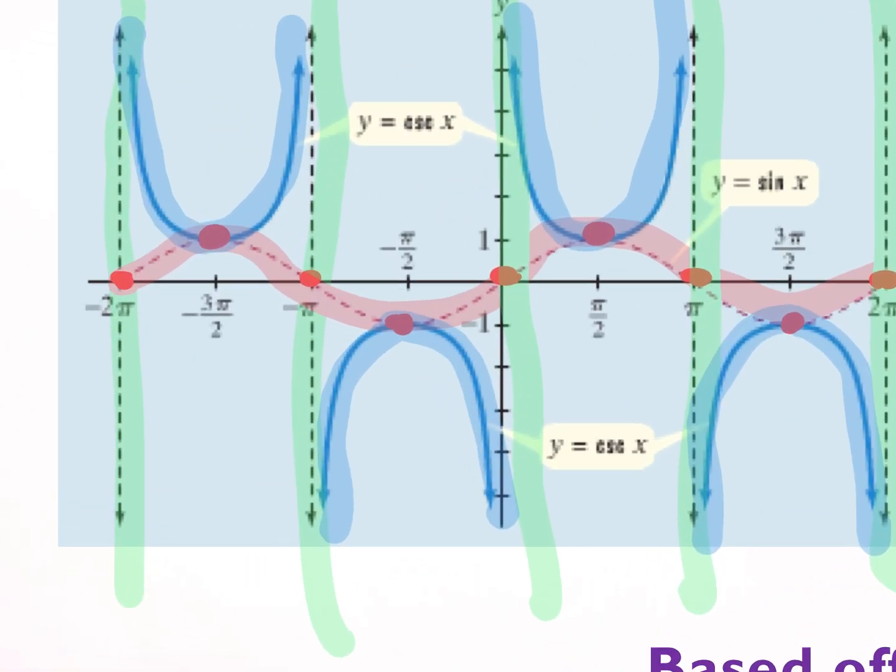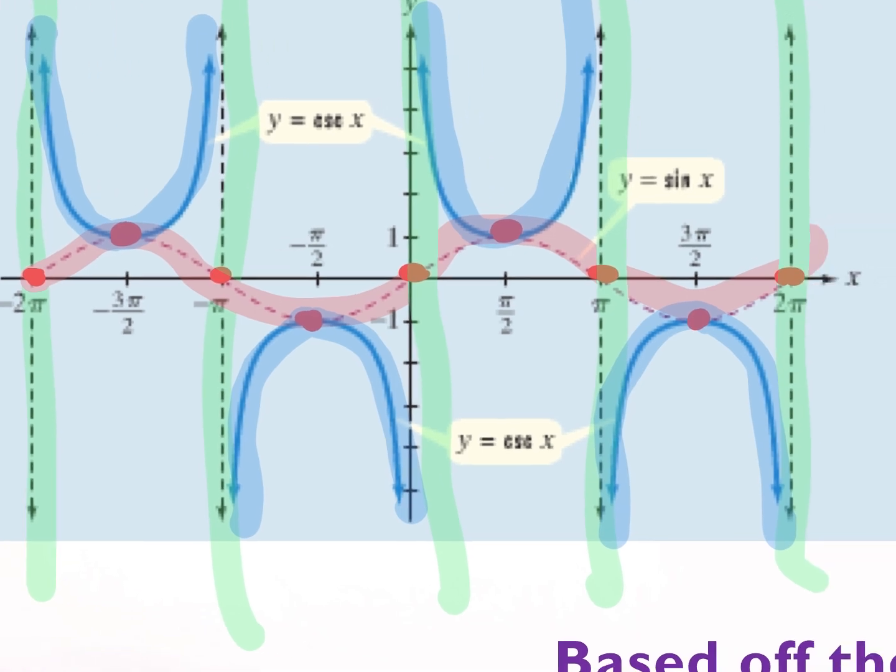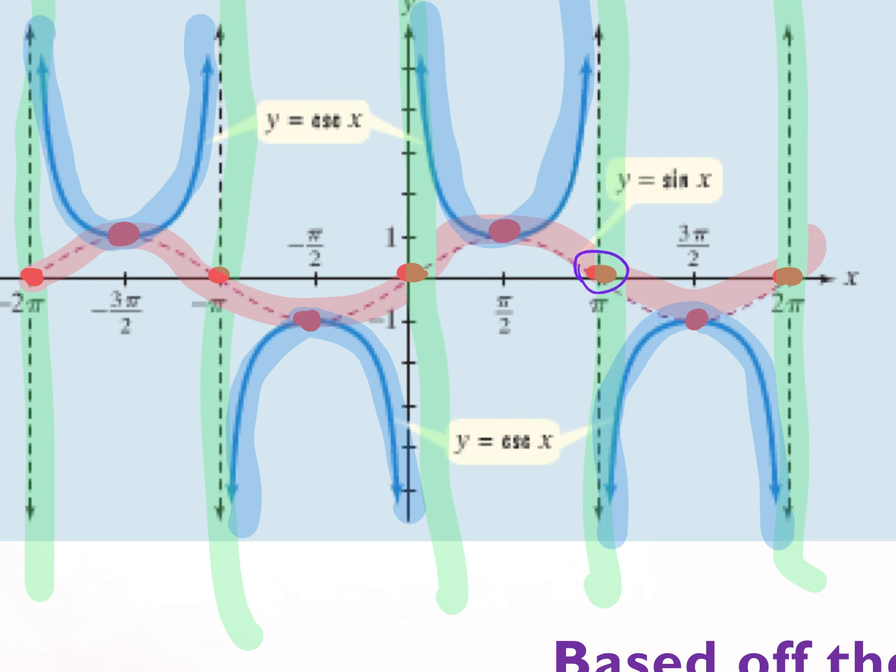So if you come over here and you look at the graph now, and I look to see where pi is, here is my ordered pair for pi. It's the ordered pair pi, 0. And notice if I were to try to graph for cosecant, this is where it's undefined, and this is why there's an asymptote right here.